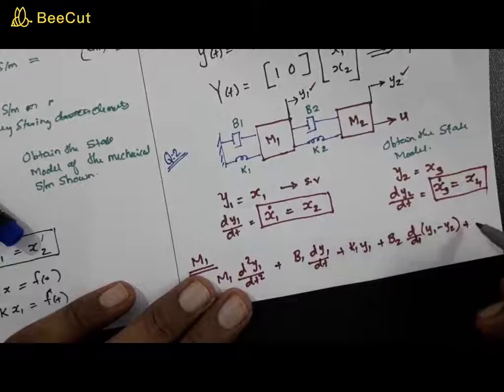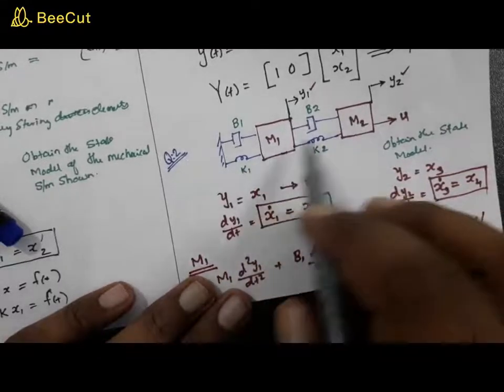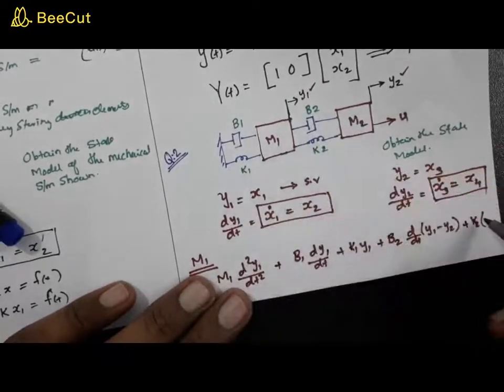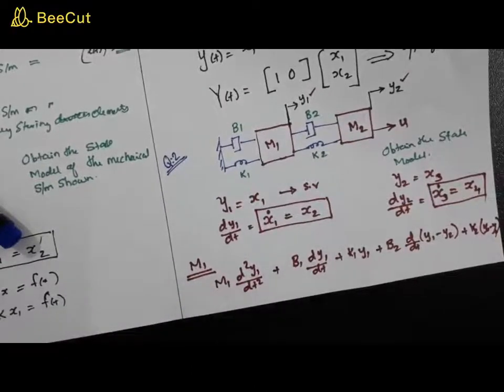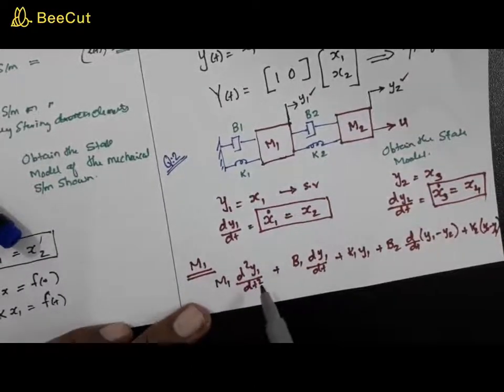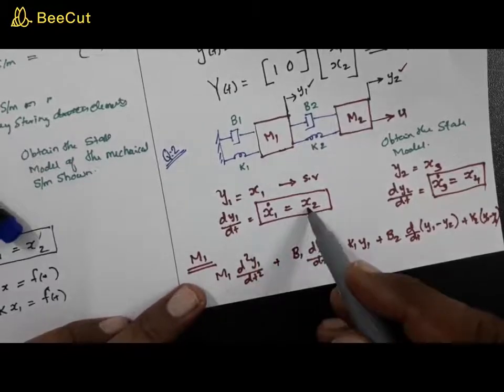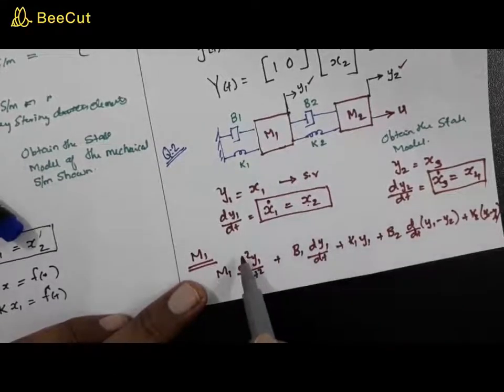Plus, what about k2? K2 is also between m1 and m2, so this must be into y1 minus y2, right? This you already know how to do. Now from this you will be able to get x2 dot, because that is the second derivative of y1.